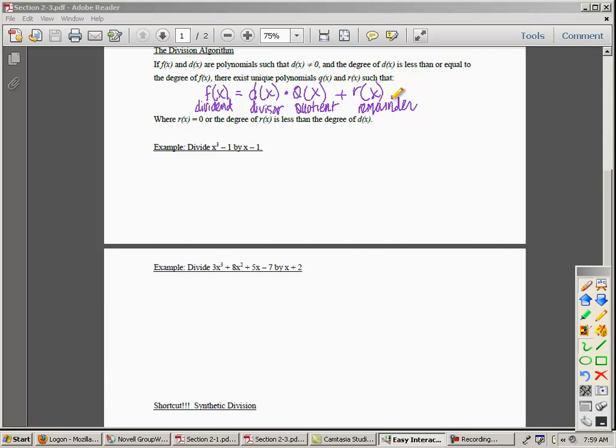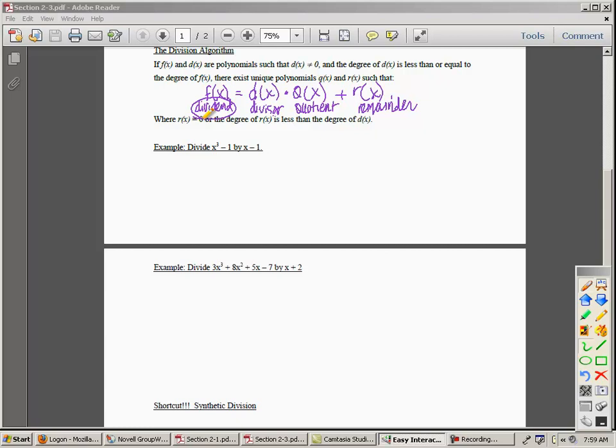What it basically says is if I went back to double check, I could take the divisor times the quotient, and once I was done, add the remainder in. I should end with this dividend. If I don't, then I did something wrong in my long division. And that's all this division algorithm is saying.